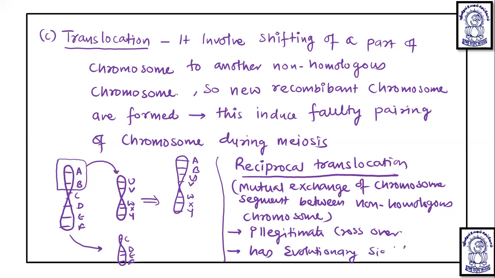So the question is how this reciprocal translocation actually takes place. We need to visualize it, so let's visualize it in the next slide. Suppose this is chromosome 22, or we can take any chromosome, and this is another chromosome.